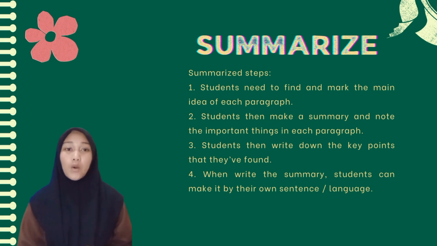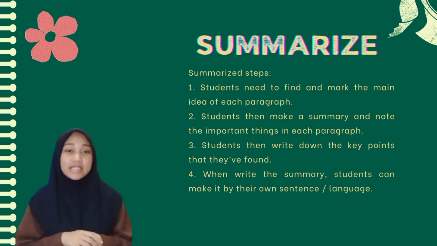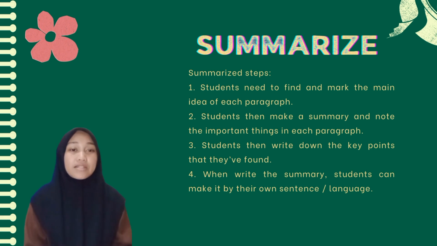Well, after reading the whole text, students have to find and highlight the main idea from each paragraph by looking for the noun or subject that is repeated or dominant in each paragraph. By finding the main idea from each paragraph first, it can help students to better understand the material that will be written in their summary.